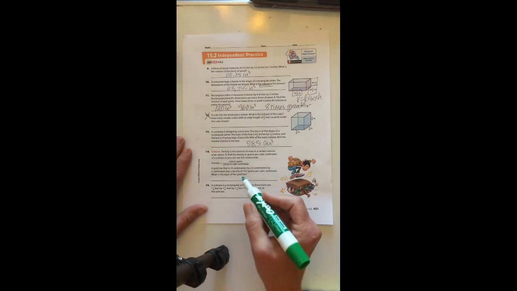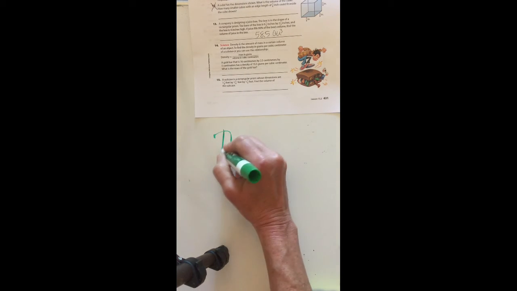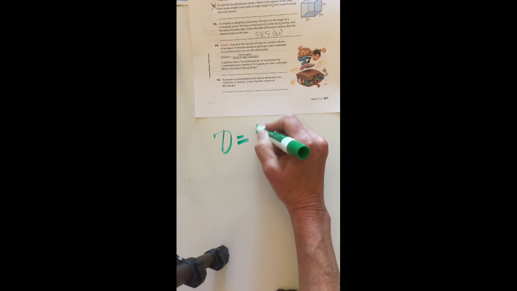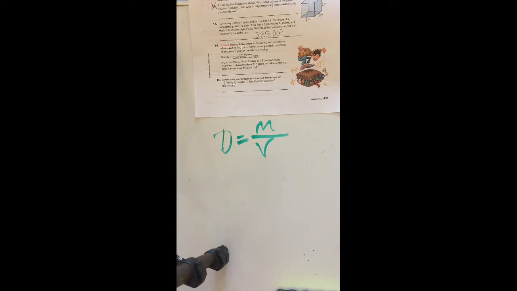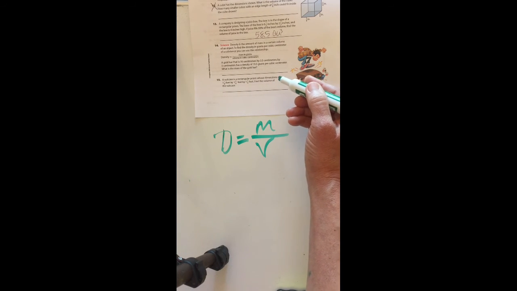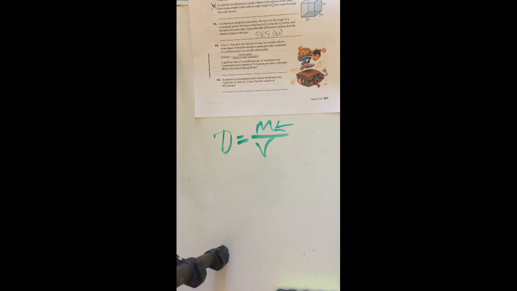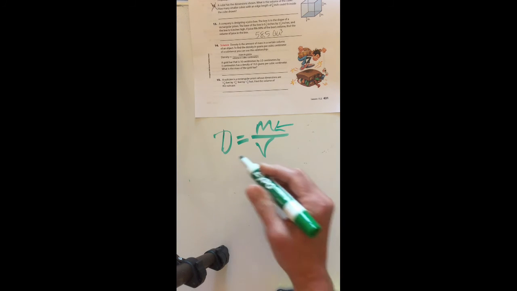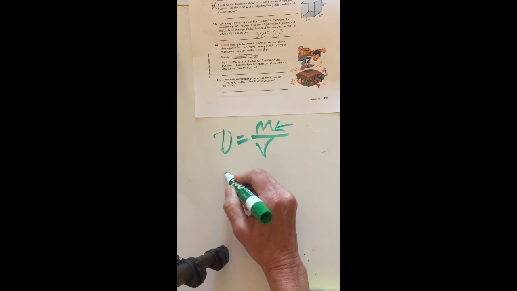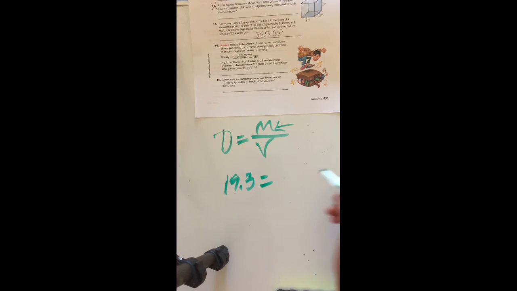So the first thing we need to do is, let's go back to what we know, is that density, I'm going to use a capital D, is equal to the mass divided by the volume. Okay, we know the dimensions of the gold bar, and we know the density of the gold bar. So we're trying to calculate the mass. The mass is the unknown. Okay, so the problem says that the density is 19 3/10.